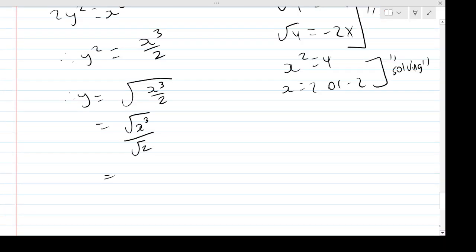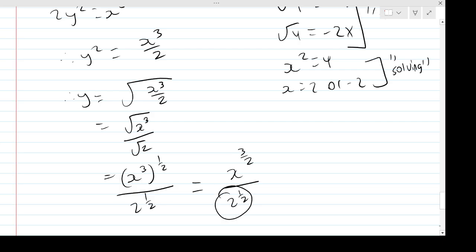And then I can use power laws to simplify root x cubed, because that's going to be x cubed to the power of a half. And then I can do the same for 2 to the half. Then this will go to x to the 3 over 2 if I times the powers, over 2 to the half.